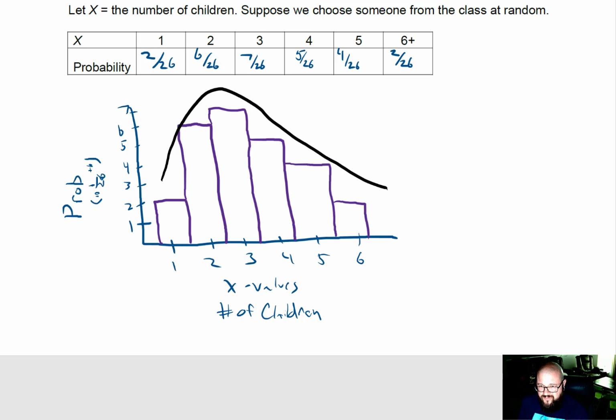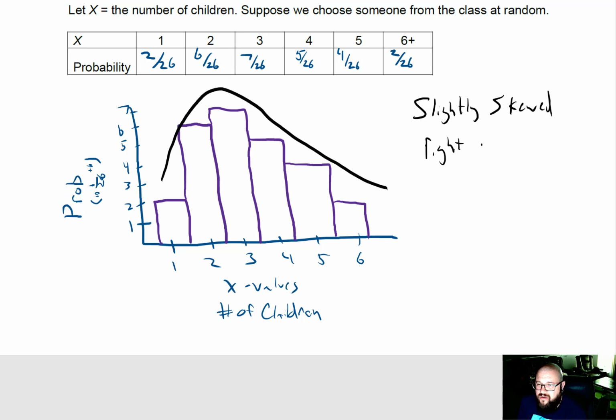Because like your big toe over here, then go down to your pinky toe, it's slightly skewed, right? It's not 100% blown out skewed, but we'll say slightly skewed right. So slightly skewed right. And we can also say with a single peak, okay? The single peak at the value of 3, because at 3 we had our highest at 7/26, okay?